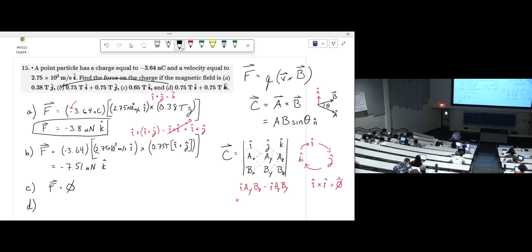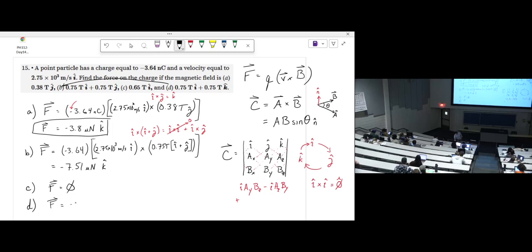And i crossed into k is going to be minus j. If you walk around this cyclic relationship backwards, you end up getting the negative of the resultant. So i crossed into k is negative j. Take the negative of that from the charge, so I get plus j is going to be the force.